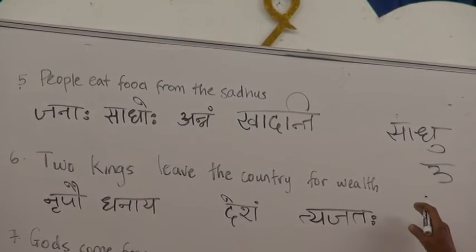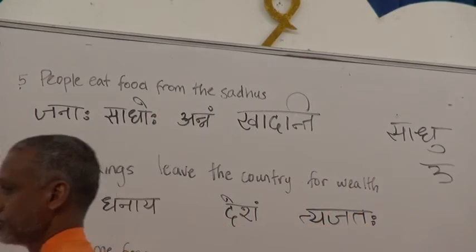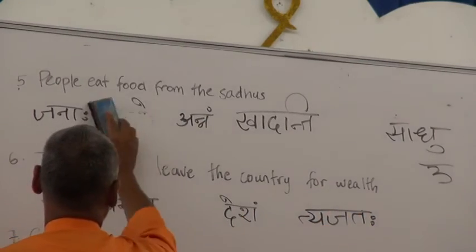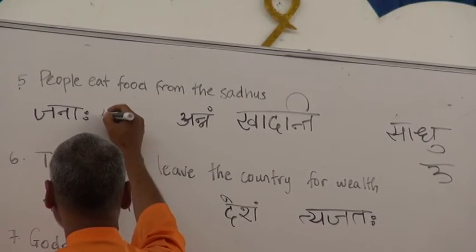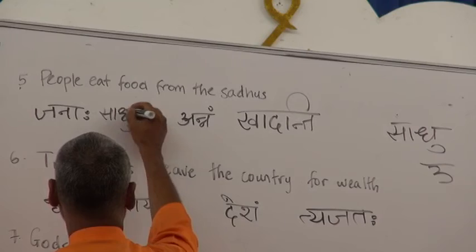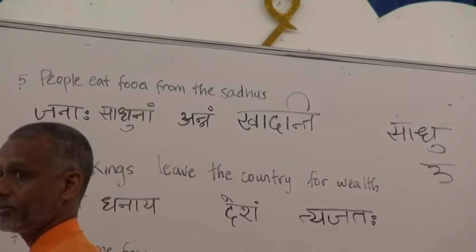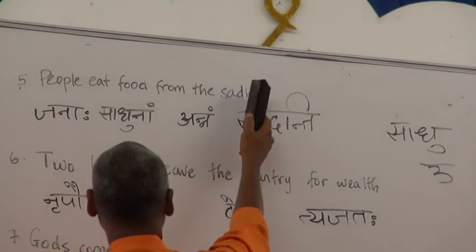So this declension you haven't gotten yet. Oh, yeah. I know what you're saying. So that will be sadhu nam. You're right. This will be like this. Many sadhus, isn't it? That's what you're saying? Yeah.